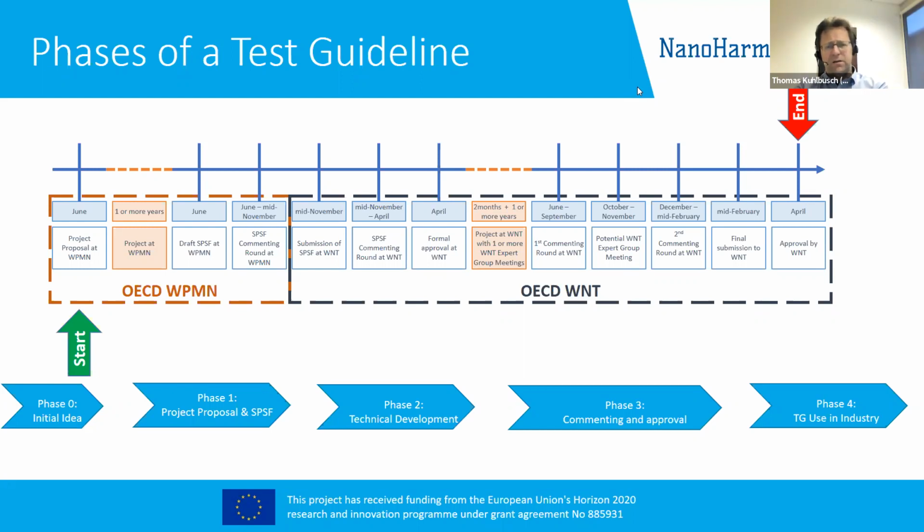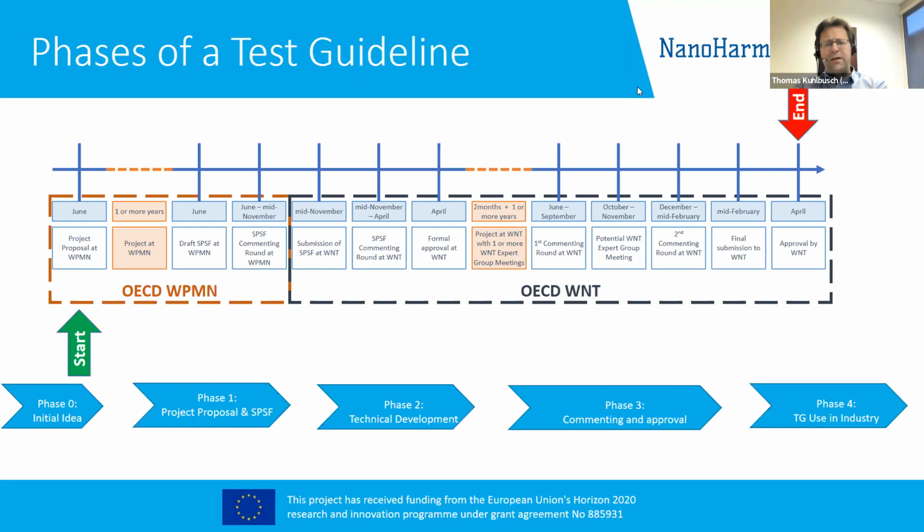It's the technical development, and at the same time the technical development goes towards the commenting and approval, which is a phase and part at the OECD level, where a test guideline or guidance document is drafted, where the results are presented, and where the validation report is presented. If the discussion comes to the point where we have to separate them, certainly we can do that.